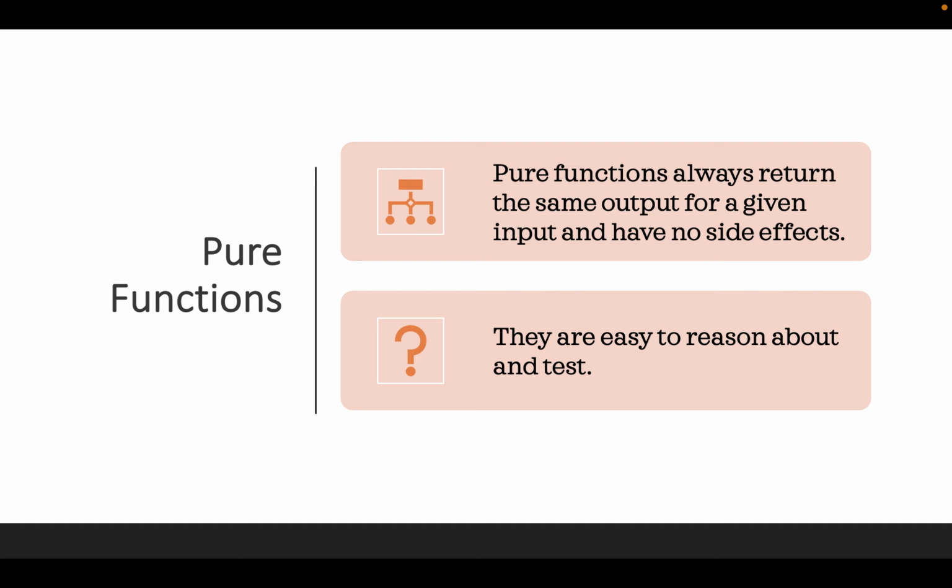This is particularly valid for multi-threaded and asynchronous programming, where concurrent programming, it's important that output is predictable irrespective of when the function is run. And when it doesn't change anything outside the function, they are very easy to reason about and test. And this is particularly valid for debugging issues.